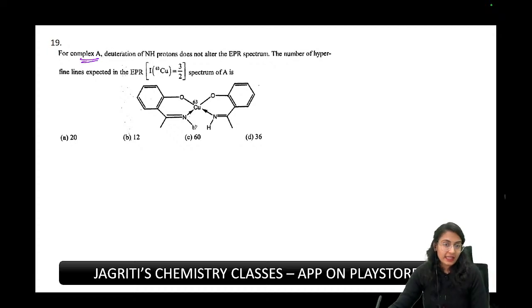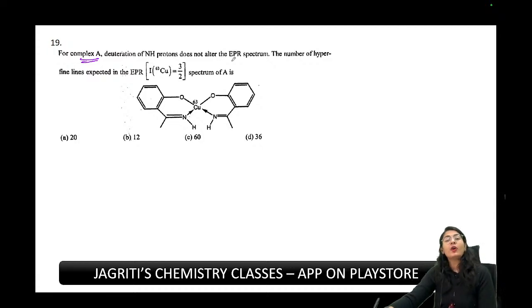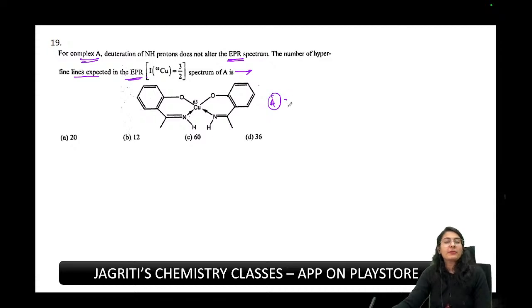A complex A which is given over here, deuteration of NH proton does not alter the EPR spectrum. The number of hyperfine lines expected in the EPR spectrum consist of A is, ये वाला हमारा मॉलिक्यूल है A. इसमें number of hyperfine lines निकालनी है when the I value for the copper is given to be 3 by 2.